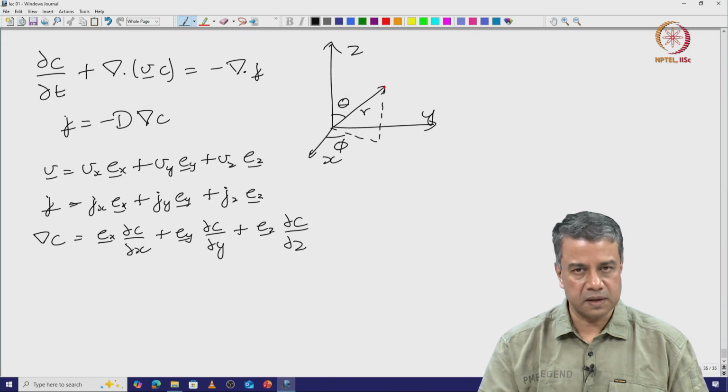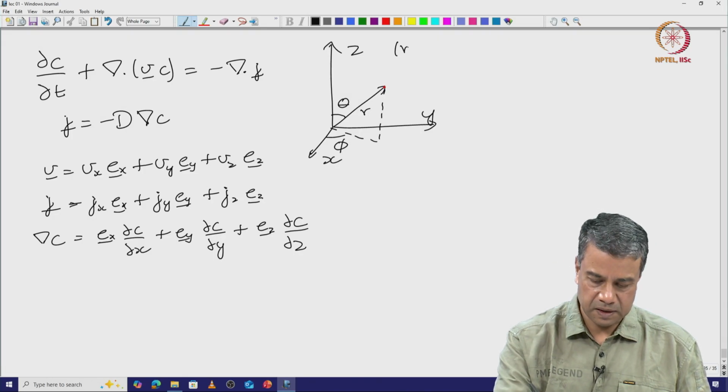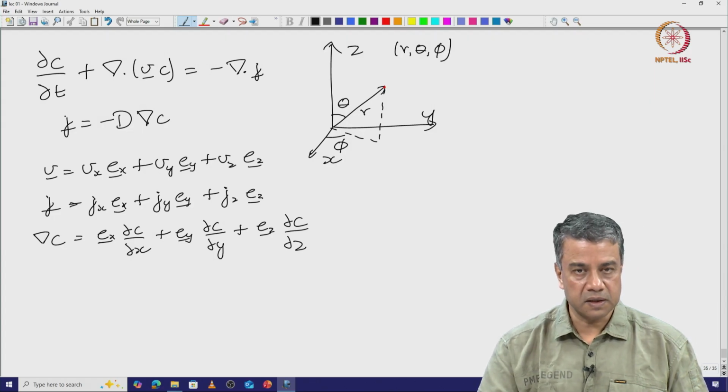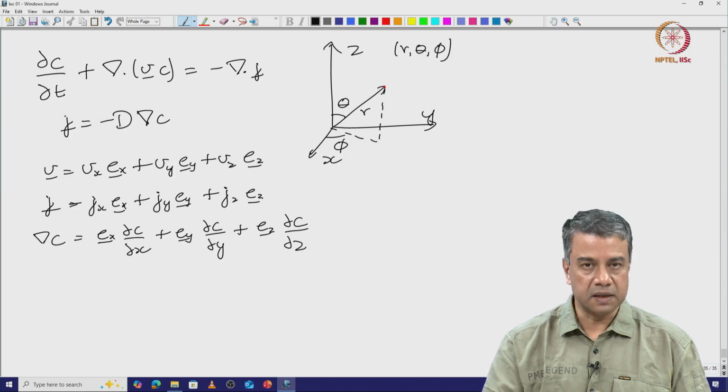It is called the meridional angle phi. So, in this case there are r, theta and phi, and you can write these operators in a similar manner in this system as well.